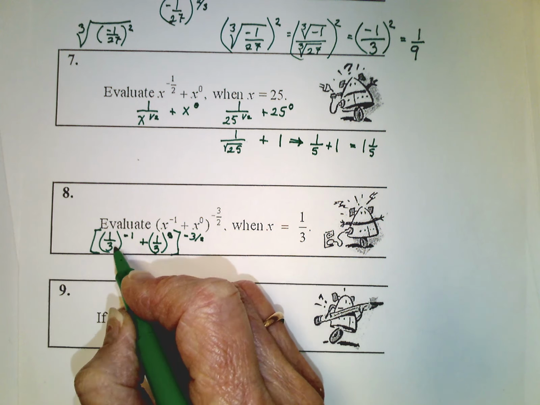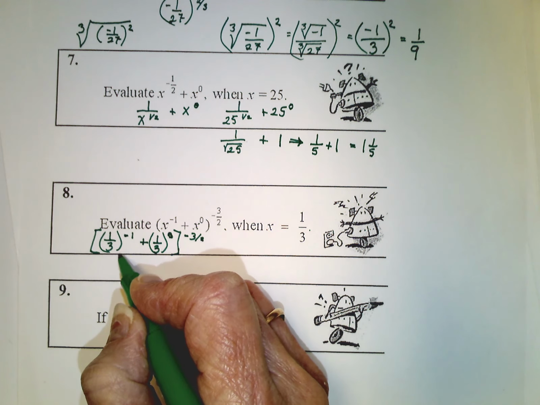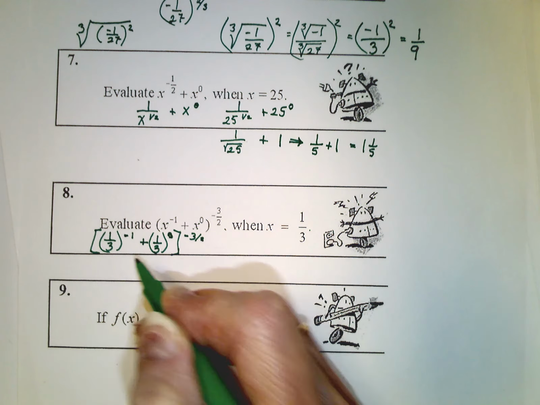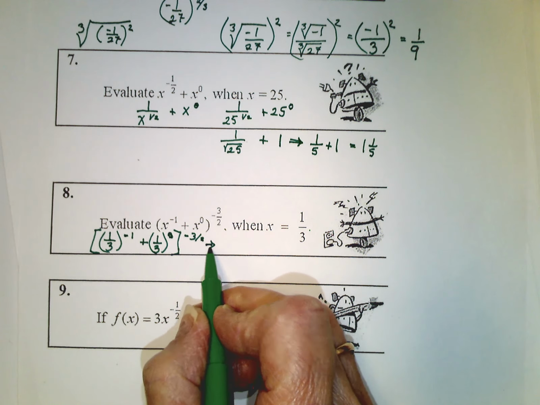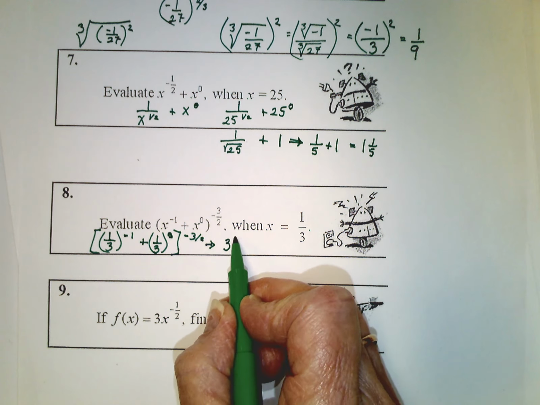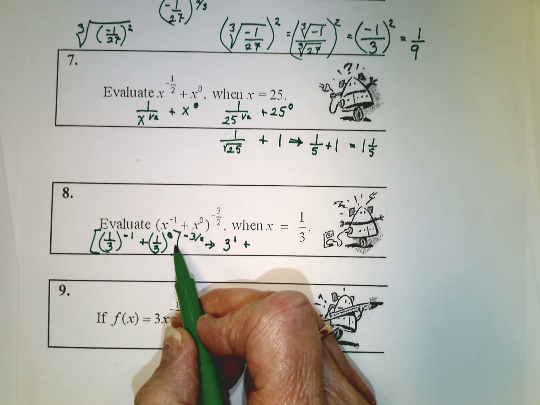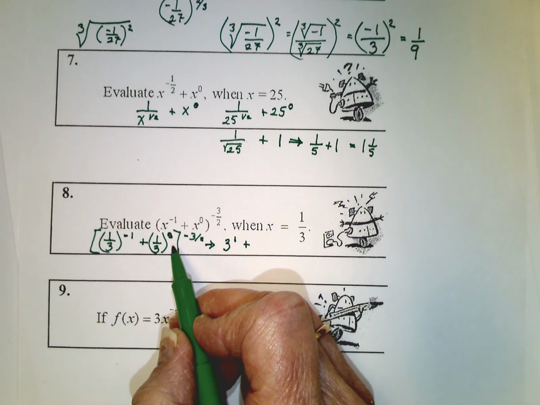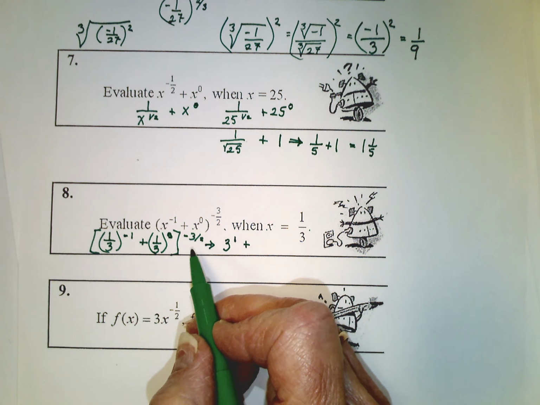Okay, as you worked on the problems with Mrs. Milburn, this -1 power just means the reciprocal. So this is 3 over 1, or just 3 to the first, plus anything to the 0 power is 1.